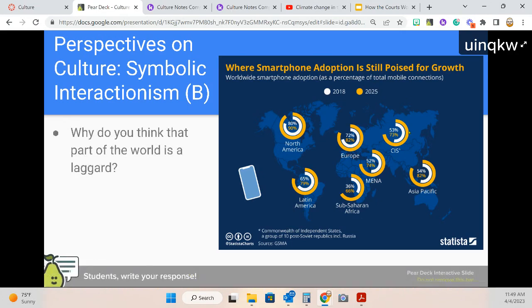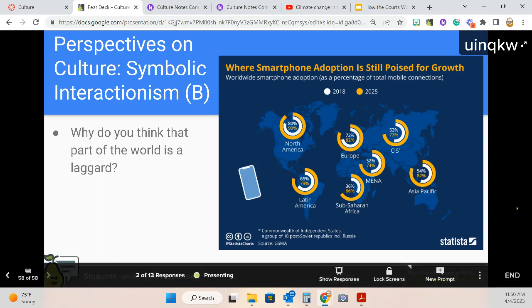Okay, which leads to this question. Why is sub-Saharan Africa a laggard on the trend of smartphone adoption? Start with a minute on this one.